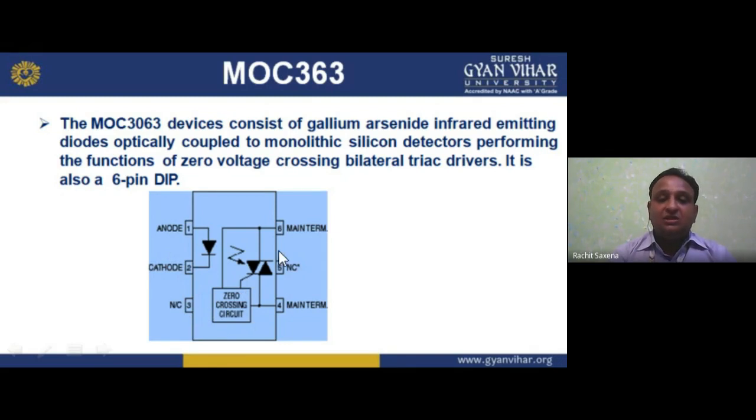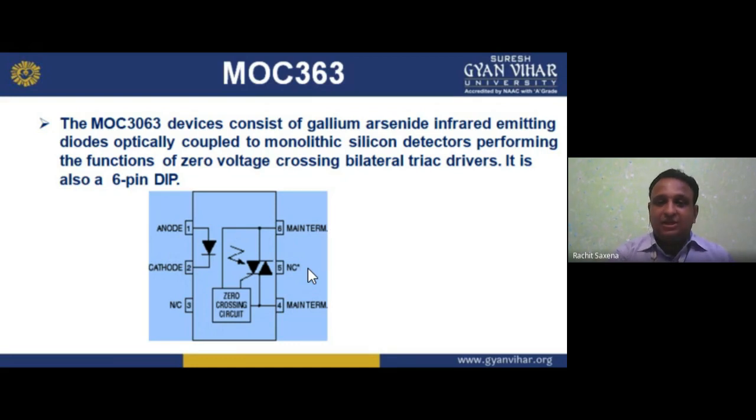Pin 4 is the main terminal and 6 is the main terminal. So we connect the triac at the 4th and 6th, and the 5th has no connection. In this we use the MOC 3063, a zero voltage crossing driver for triac.